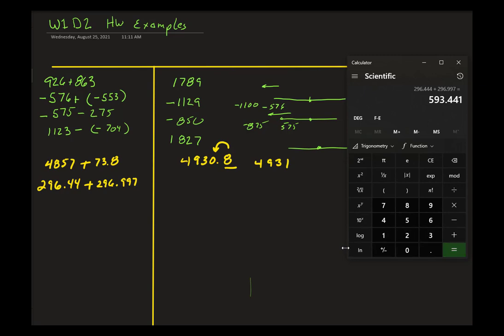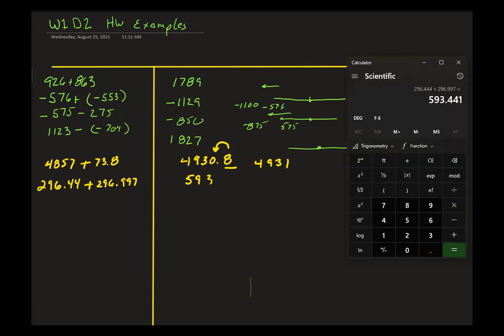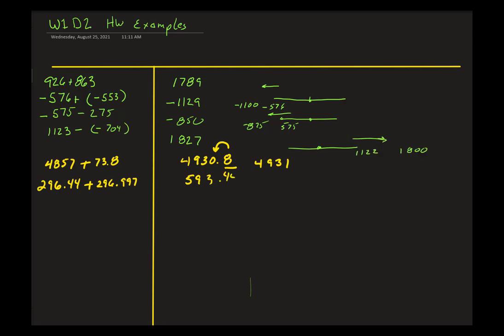All right, so the answer we came up with, oh, and I didn't add it up in my head. So we get about 300 and 300. I would expect to be pretty close to 600. And you can see up here, we came up pretty close to 600. So let's try this. I came up with 593.441.